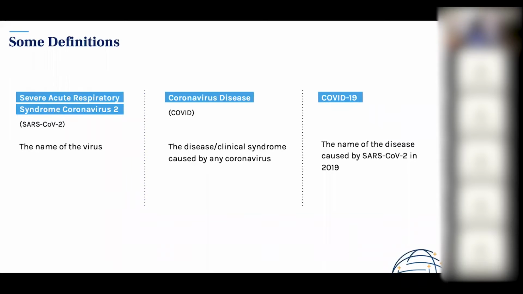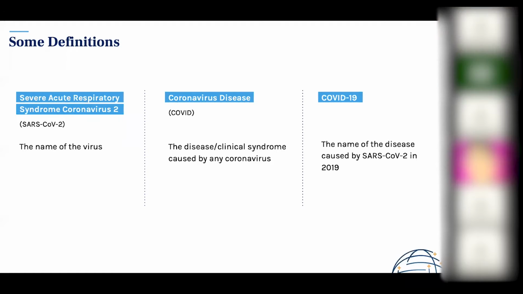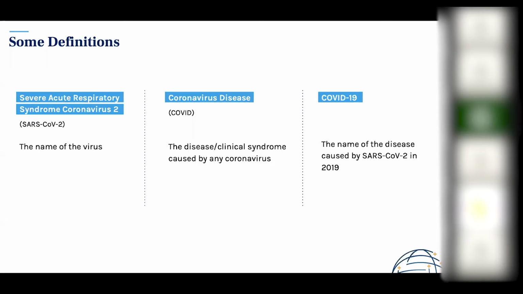You'll see something called COVID, which is really a short acronym for coronavirus disease. So COVID is the disease that's caused by the virus SARS-CoV-2. And when you see COVID-19, that's the disease caused by this virus, called COVID-19 because it started in 2019.